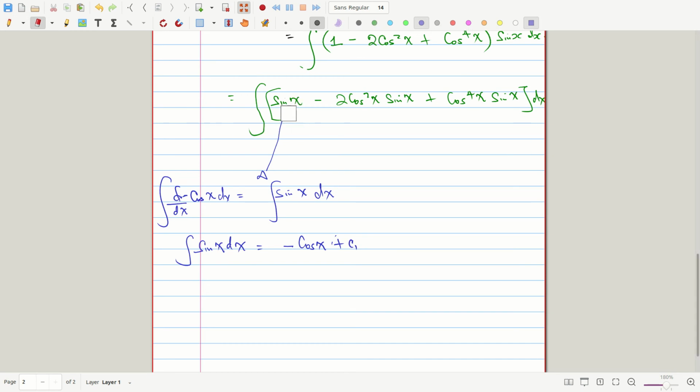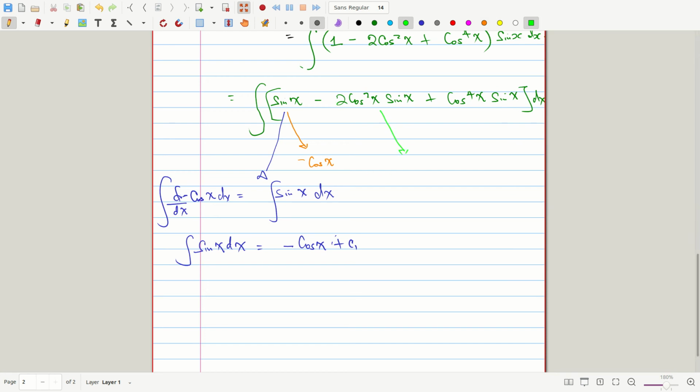We integrate that sine x, let me just use a different color here. The integration of that one there has given us negative cos x. Then the next term that we have, this term here, we want to integrate.